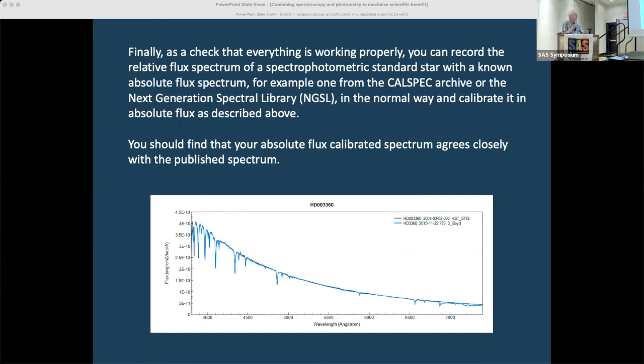And what you should find, as I've shown you in that plot at the bottom, is that the two will virtually overlap. They will be essentially identical profiles. The method really does seem to work very, very well. Next slide, please.